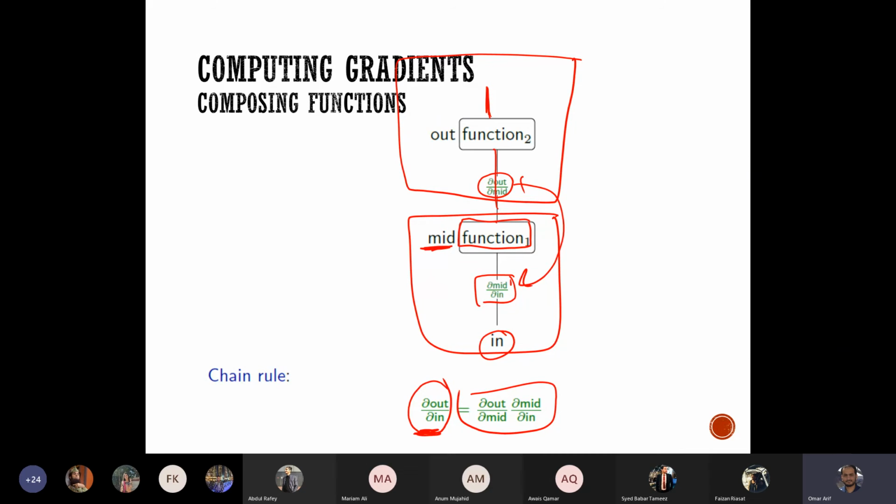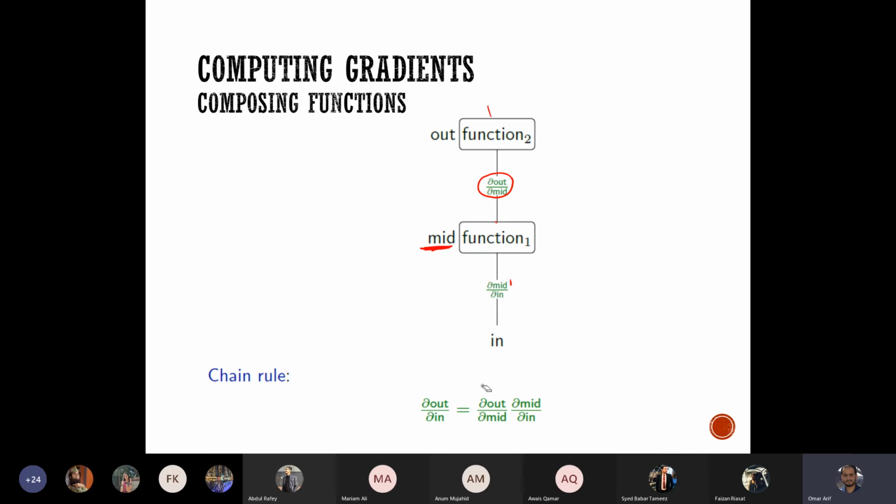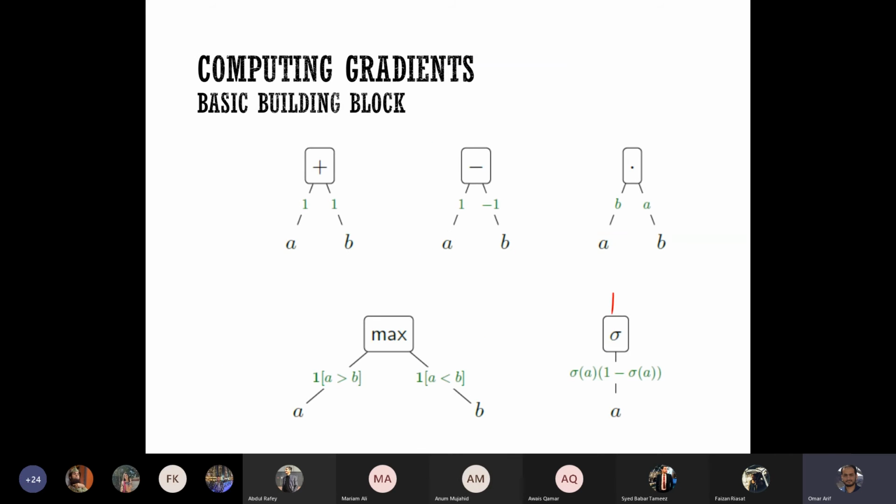But this is simply the chain rule that you must have used in your first semester calculus or in the second semester. So the idea is to know these simple derivatives, and then you can use these to build the overall derivative of the output with respect to the input.